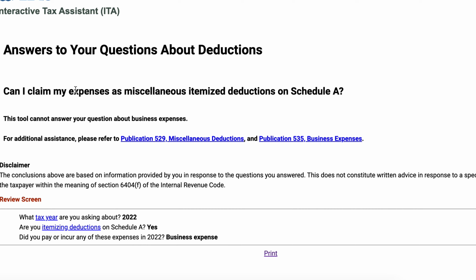You may be wondering about business expenses on behalf of an estate or a trust, in which case that would go somewhere else.